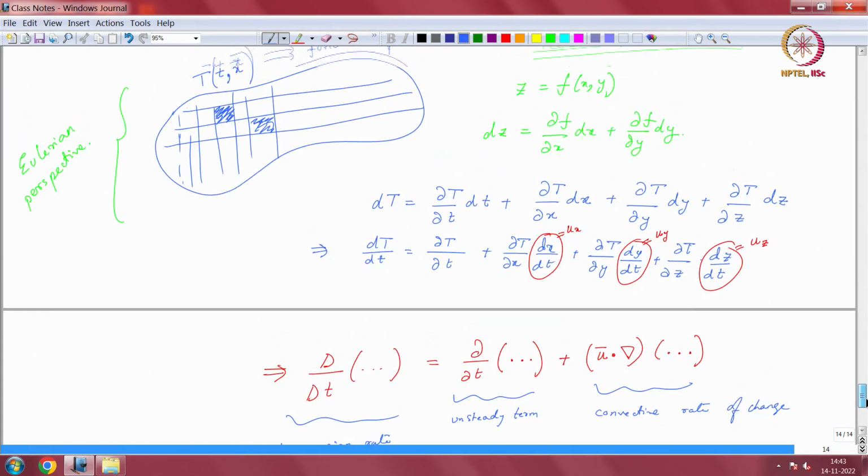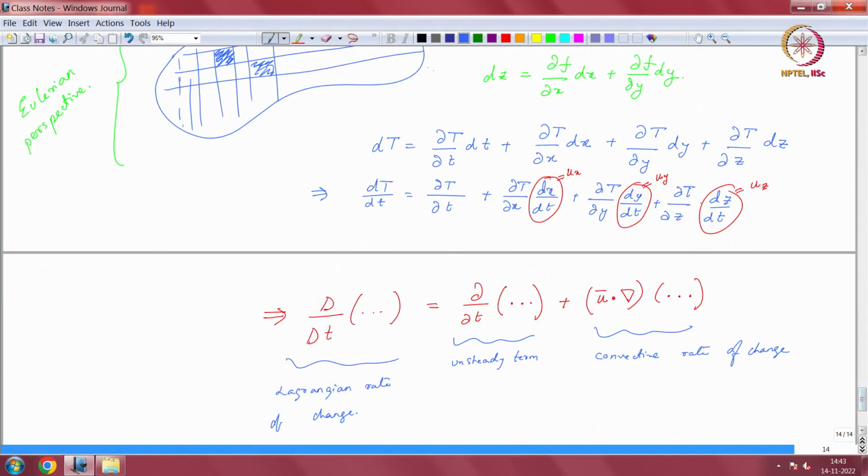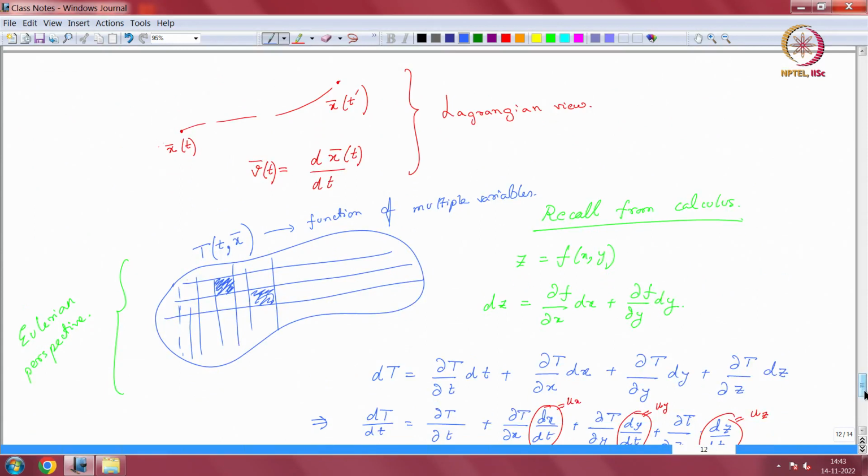Okay, so I want to emphasize why we had to come up with this different operator for time differentiation, and the reason lies in the way we are looking at things. We have changed from the Lagrangian view, in which format f equal to ma is written.